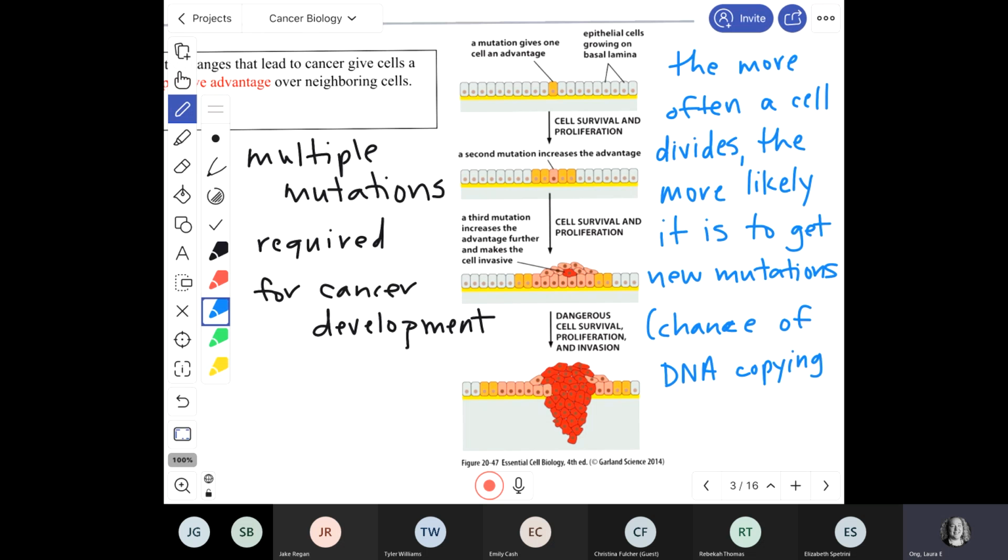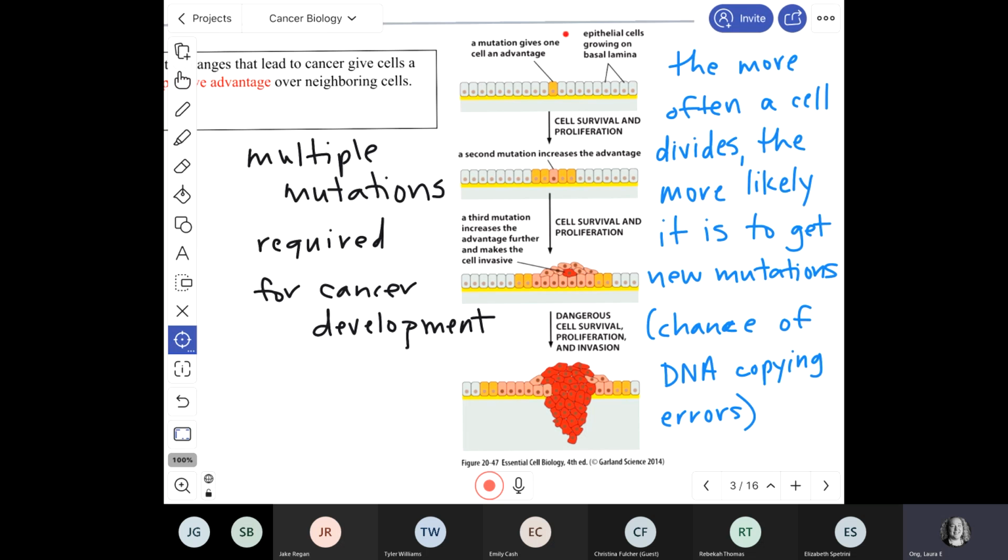Every DNA polymerase has a natural error rate that's just part of its existence. And the more that DNA is copied, the more chances there are for mutations. So that leads to two other facts.